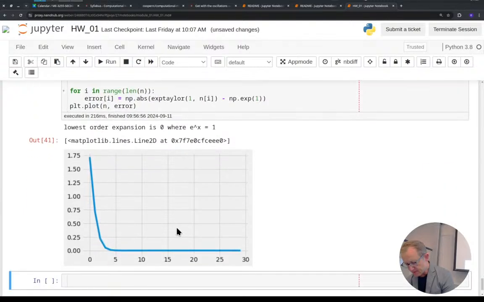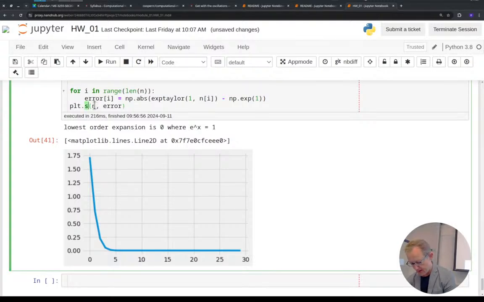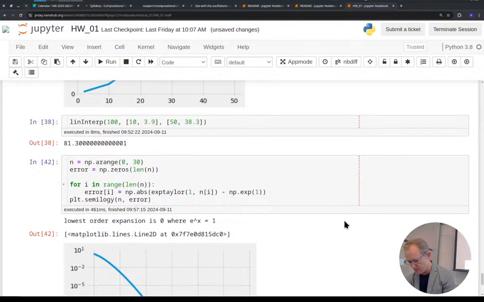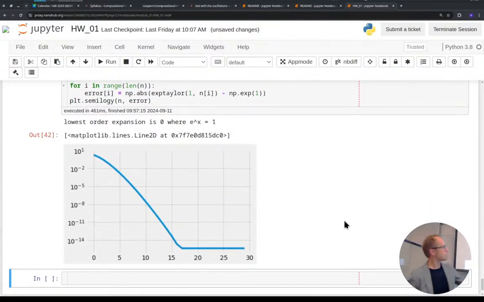So instead of looking at this on a linear scale, I want to look at how much it's changing on a log scale. So I'm going to use semi-log y. So my x-axis is still linear scale, but my y-axis is now on a log scale. At first, my error is about 1, which is pretty bad when I'm trying to approximate a number that's 2.